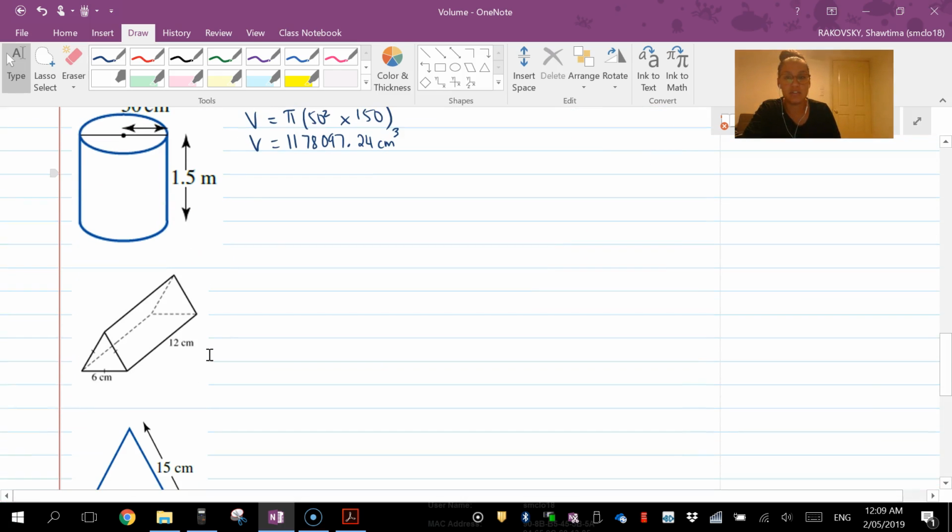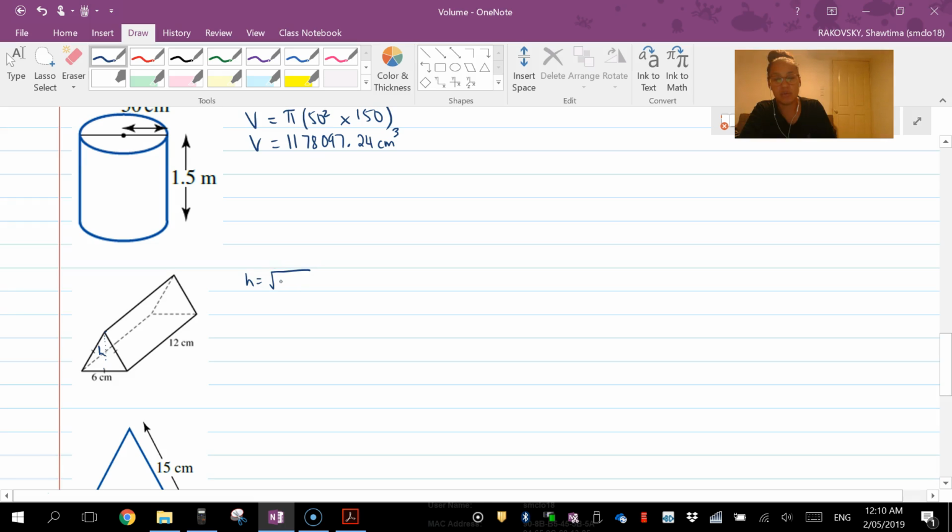Okay, so with the triangular prism, the base is just the area of this, so you would have to calculate the area, and to do that you actually need Pythagoras' theorem. I'm just going to call that the height.